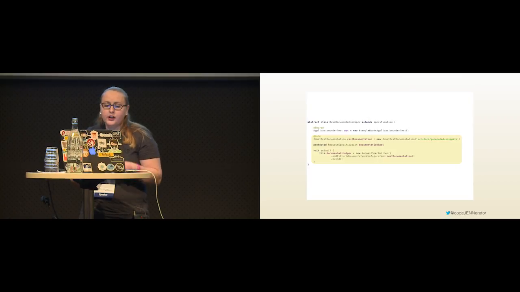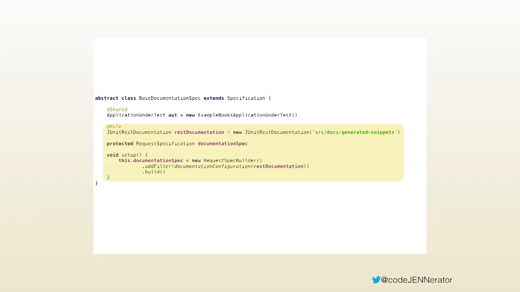Okay. So the setup for the documentation is going to be very similar, but it hooks in a way that's very different. So MockMvc is actually mocking out your application, but it's not running against the actual running application. REST Assured does, and that makes it a little bit different.